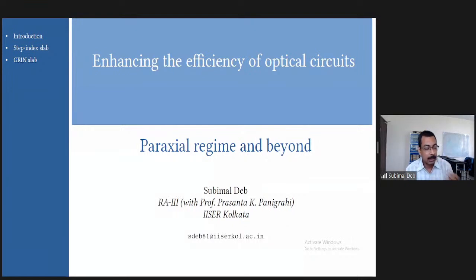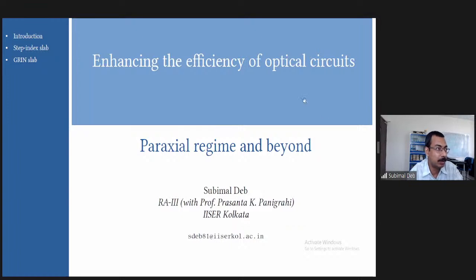And to introduce, I would begin by giving a small introduction about self-imaging, which is one of the novel optical phenomena that is getting a lot of attention recently. It was of interest for quite some time, but recently it has picked up a lot of interest in various fields, and that also is very useful in enhancing the efficiency of optical circuits.